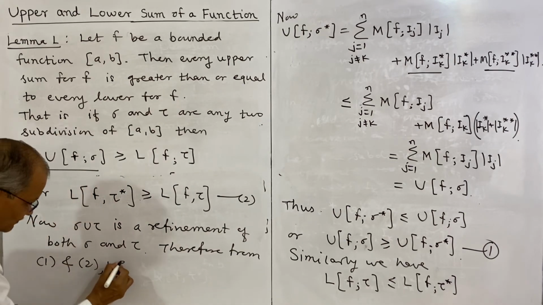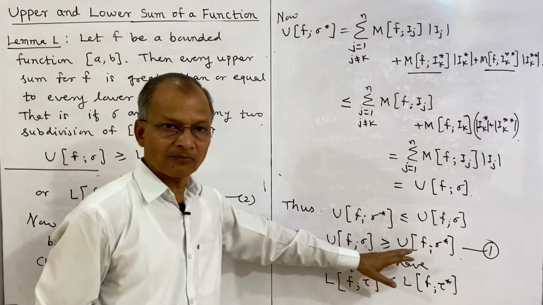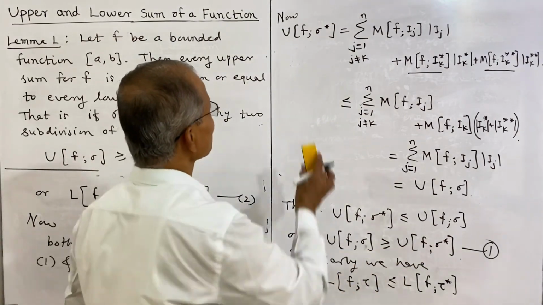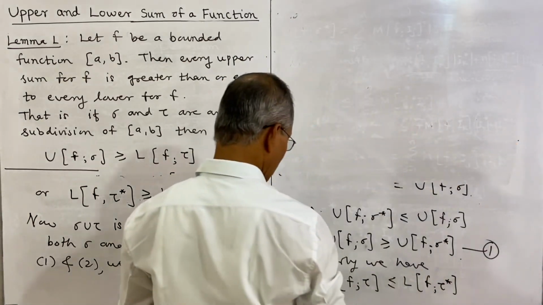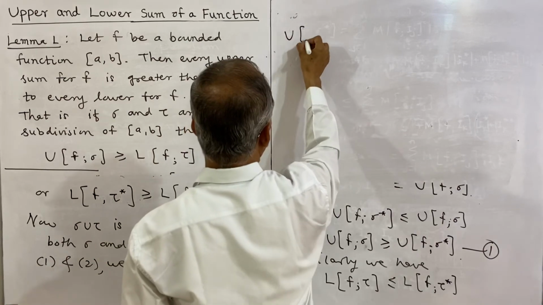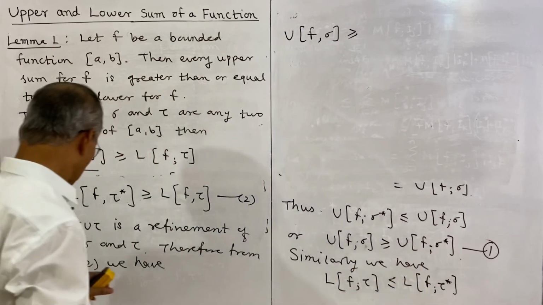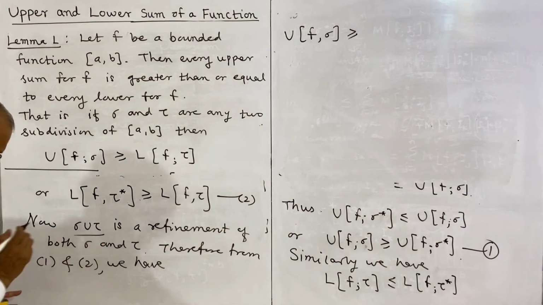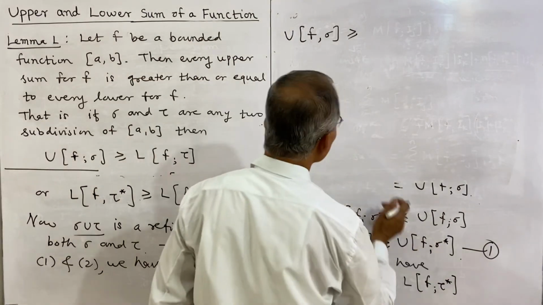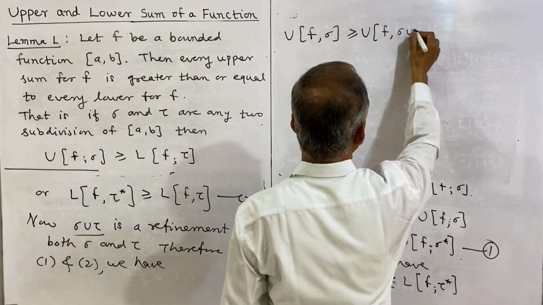Therefore, from 1 and 2, see what 1 gives. If you take the refinement, the upper sum decreases. So we can write like this. We take the upper sum of f on sigma, and that is greater than or equal to the one for sigma star, which we shall replace by sigma union tau, because that is a refinement. Sigma star is a refinement, this is also a refinement, and therefore I shall replace sigma star by the upper sum of f on sigma union tau.